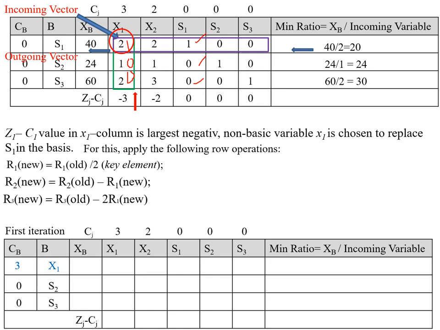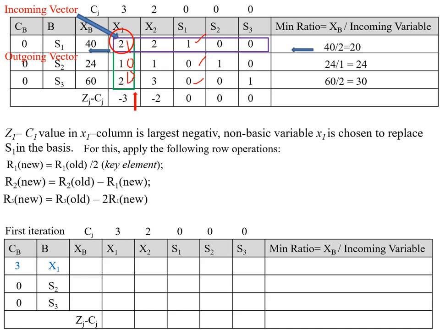Second row operation is R2 new equals R2 old minus R1 new. Third row operation is R3 new equals R3 old minus 2 R1 new. So first we look at the first row operation, that is R1 new equals R1 old divided by 2.